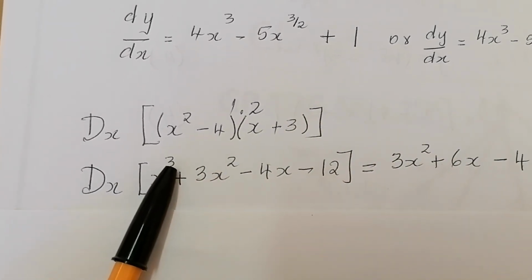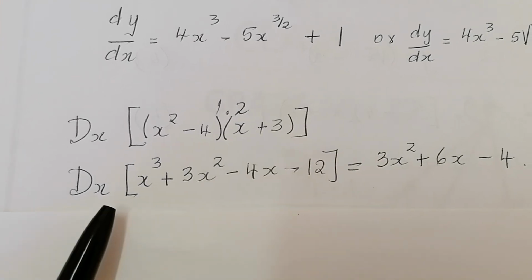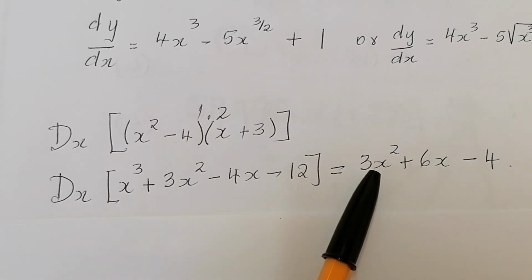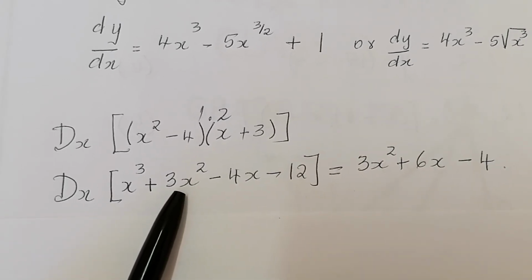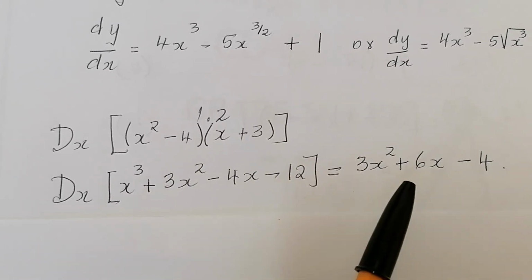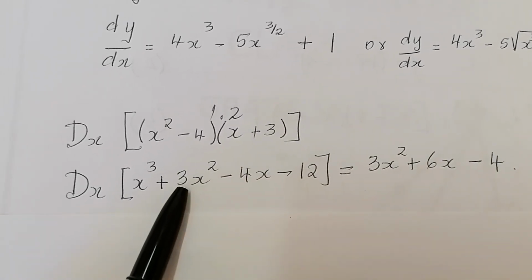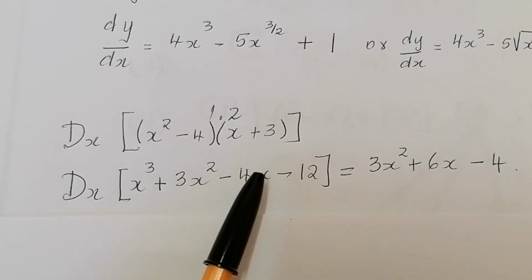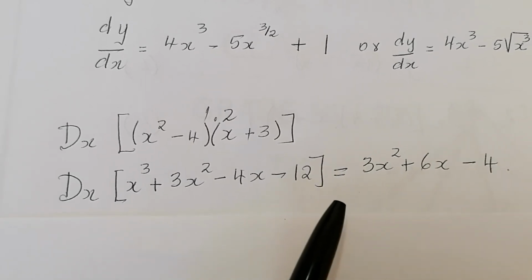I go there, I subtract 1, which is 2. The derivative of x to power 3 is 3x squared. We come to this one, the derivative of 3x squared is 6x, because it is 2 times 3, which is 6, 2 minus 1, which is 1, that is x to power 1.